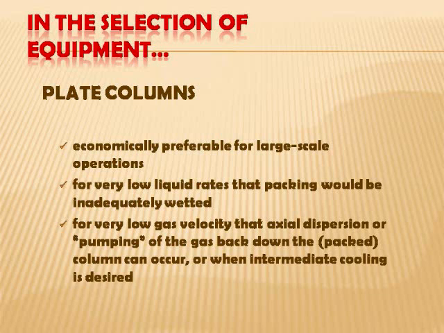And plate columns are actually needed when liquid rates are so low that packing would be inadequately wetted. Also, plate columns are used when gas velocity is so low. Lastly, plate columns are used when intermediate cooling is desired.